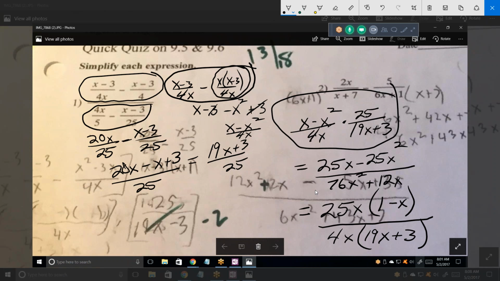Okay. Now, interesting, because at some point I was in that step right there. And notice that I already had the bottom factored. I never should have multiplied those two together. And there's a lesson to be learned there.